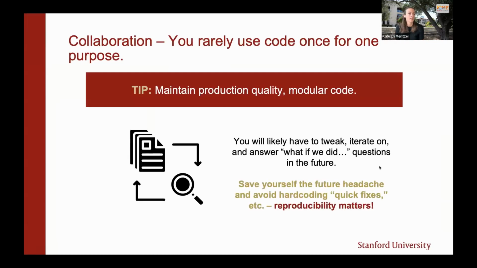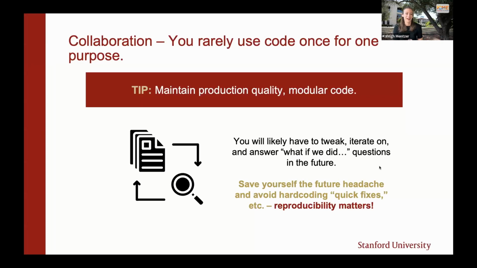There's a few reasons for this. The first is you're going to have to iterate on your solutions. You're going to talk with your stakeholders, realize you want to try something else. They'll have ideas of, oh, what if we tried this? You want to be able to have your code adapt to answer those questions and be more dynamic in terms of how you're able to collaborate with your partners.